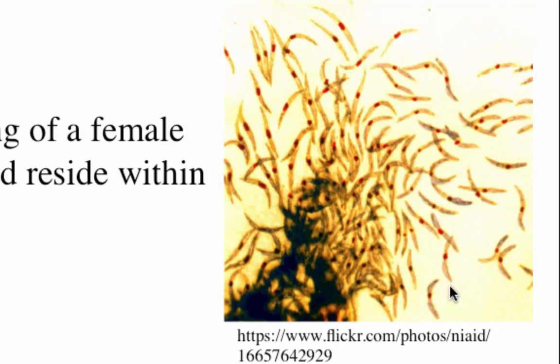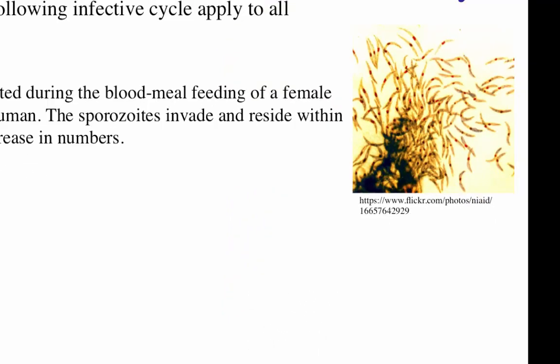Now, shown over here to the right are these very long cells with one nucleus, which are the infective form of the sporozoites. Now, the sporozoites are able to invade the liver of the person after they have been transmitted from the salivary gland of the mosquito through the blood meal into the circulation.